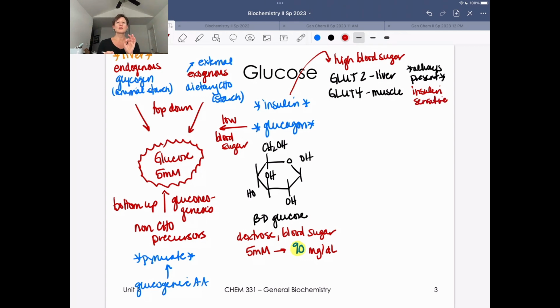So these are going to be the ones that respond to the presence of insulin, indicating that you've got high blood sugar. They're going to circulate these receptors to the surfaces of the cells to allow the cells to bring in that blood sugar. So remember, high blood sugar is toxic, okay? So we need to think about how we can remedy that.